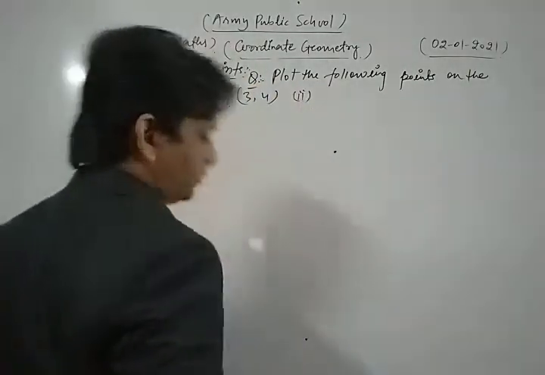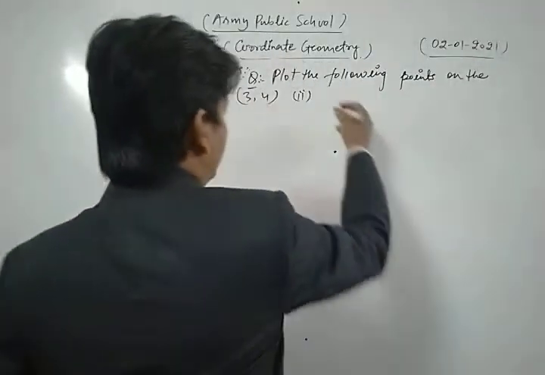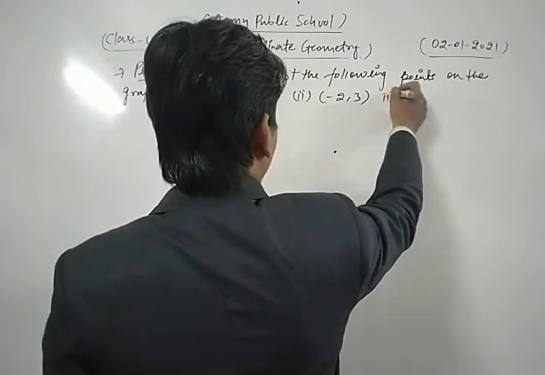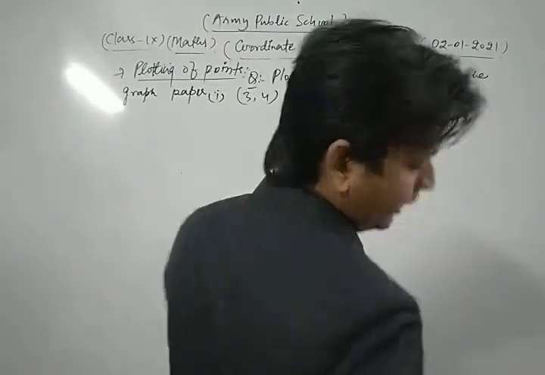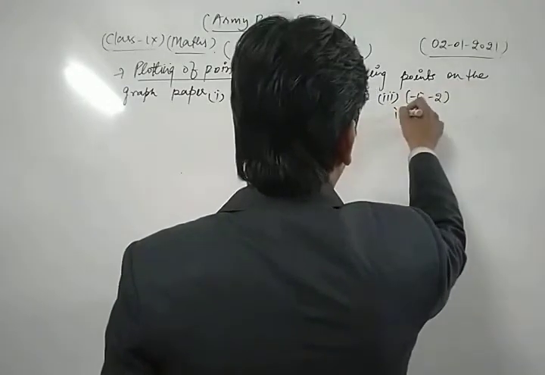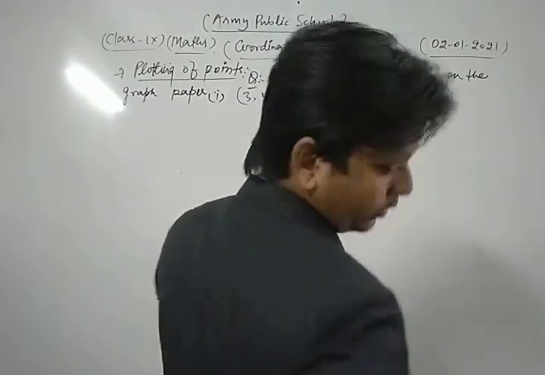The second one is (-2, 3). The third one is (-5, -2). And the fourth one is (4, -3).